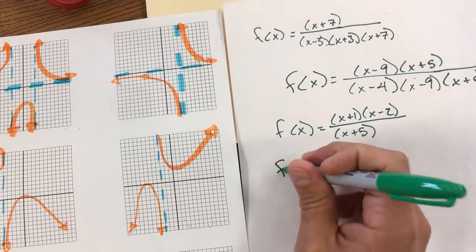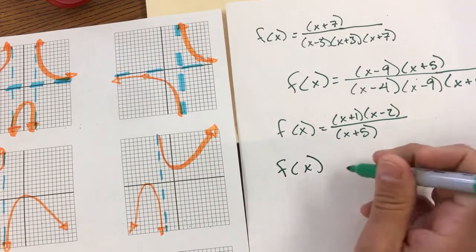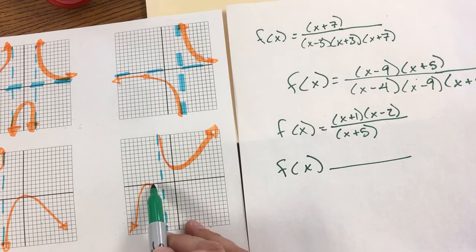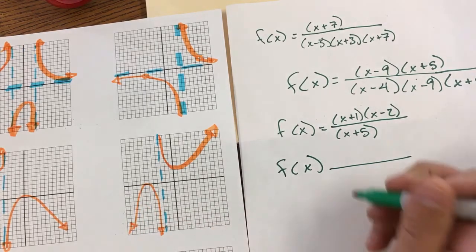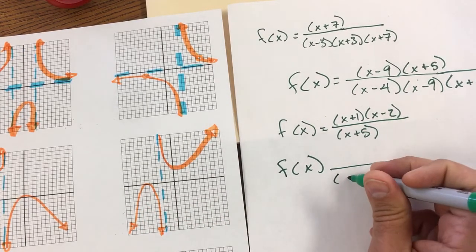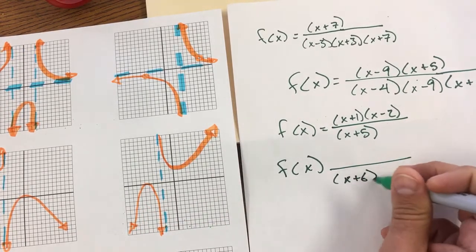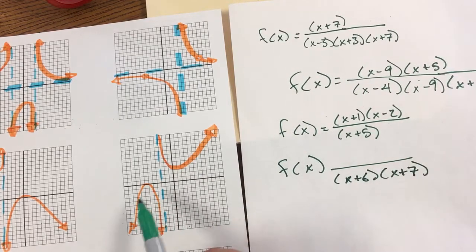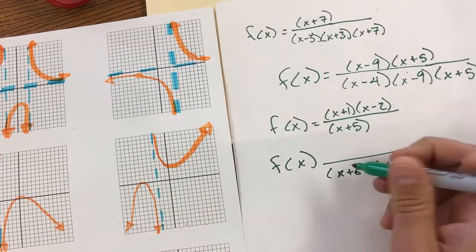Fourth one, I have a 0 at 1, 2, 3, 4, 5. I'm going to call that 6, and I'm also going to call it 7. So I have -6 and -7. So I'm going to go x plus 6, x plus 7. And then I have a vertical, oh, I did those backwards.